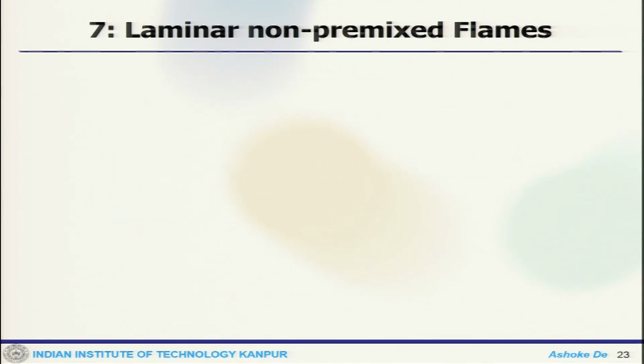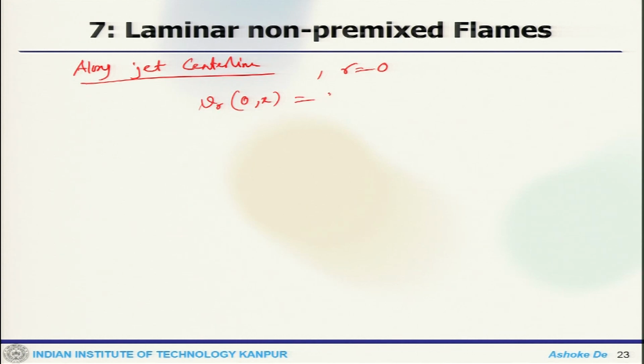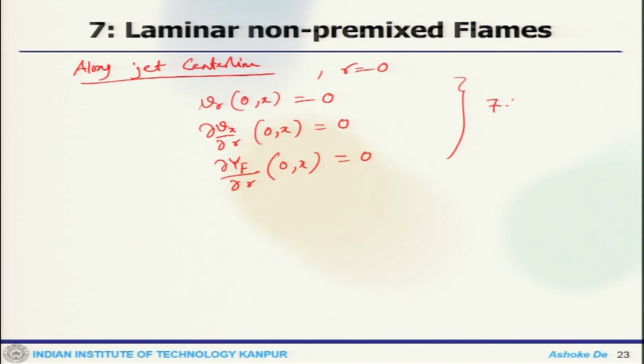First thing, along the jet centerline, which is r equals 0, Vr is 0, del Vx by del r is also 0, and del Yf by del r is 0. The last two things you can write from symmetry.